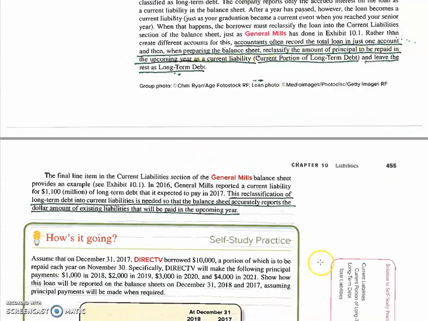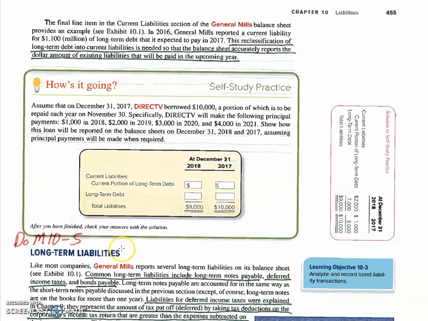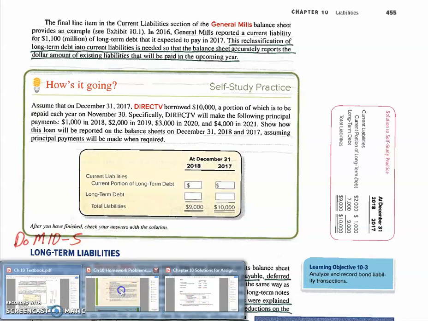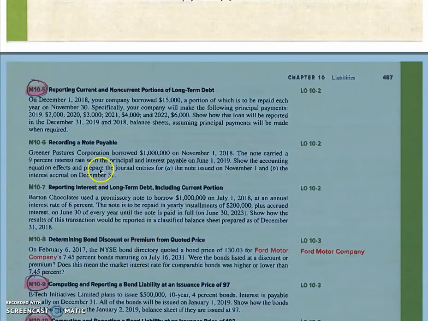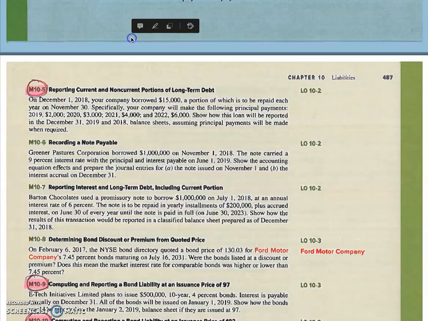Now let's move on down. And we have a homework problem dealing with that. So let me go to the homework problems and mini exercise 10.5 right here. On December 1st, 2018, your company borrowed $15,000, a portion of which is to be repaid each year on November 30th.